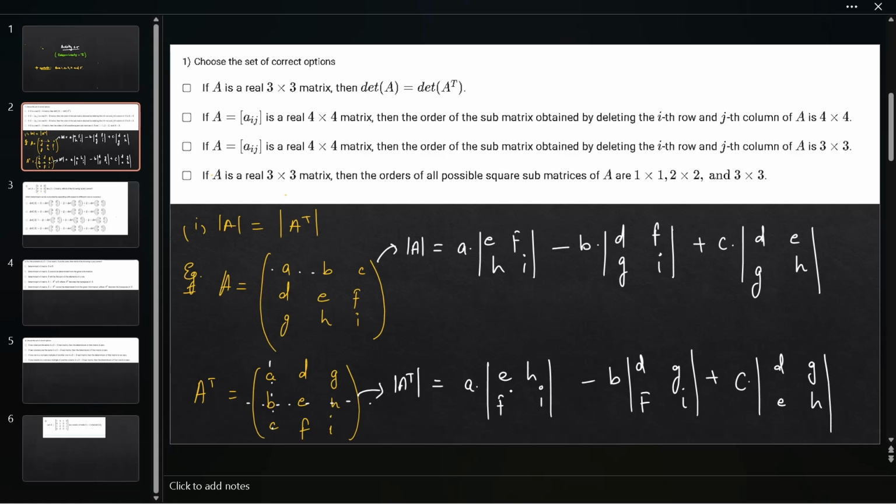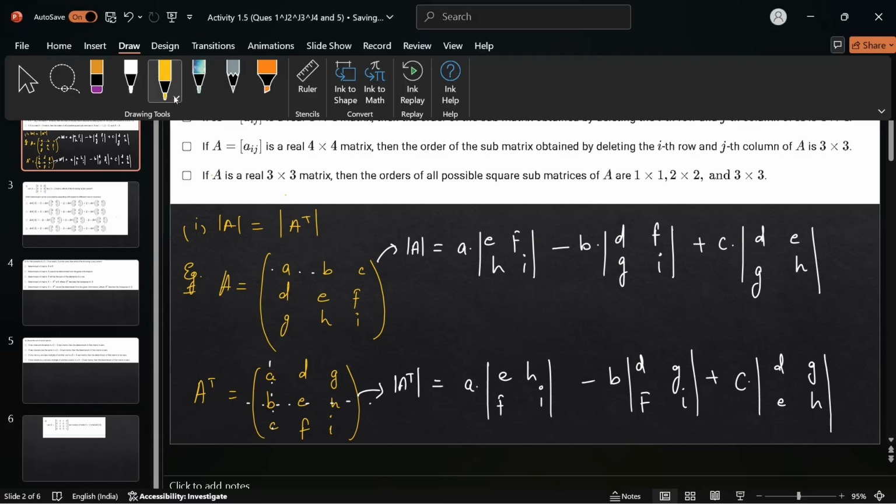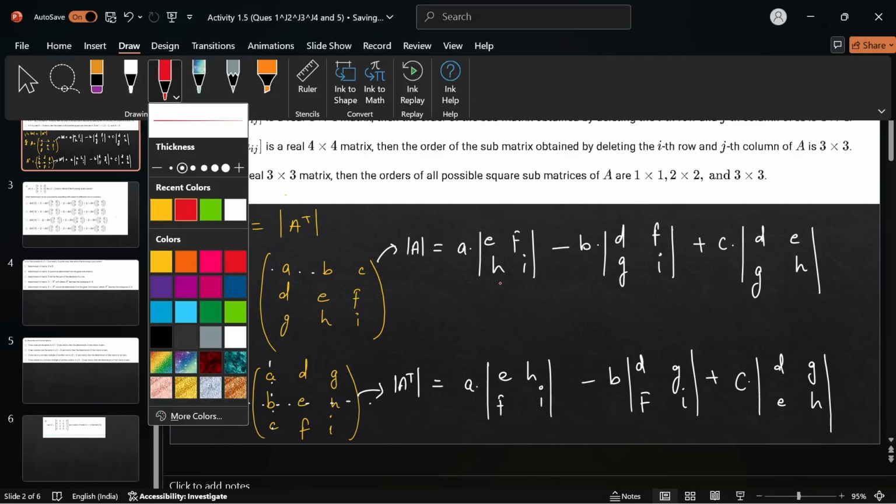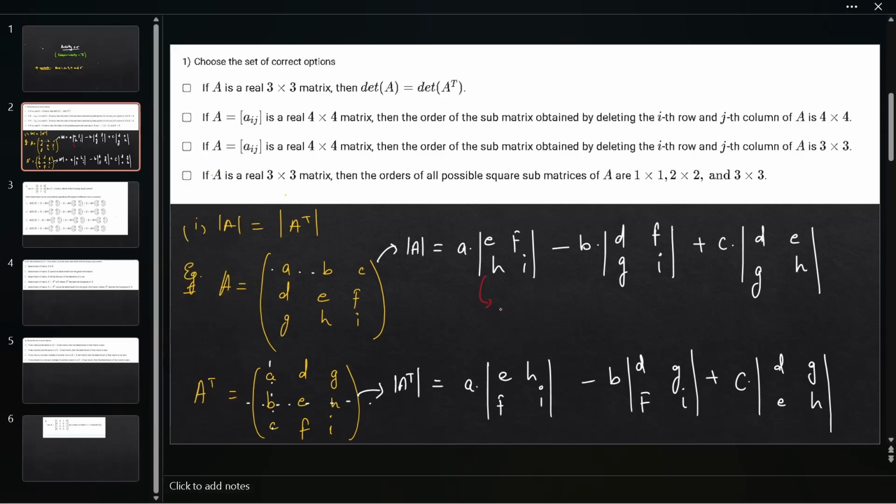Here we can see that the coefficients of these matrices are the same, but the matrices look a bit different. So let's see what's hidden inside them. This particular matrix will give me EI minus HF, and this matrix will also give me EI minus HF. Now I can do the same for this as well.